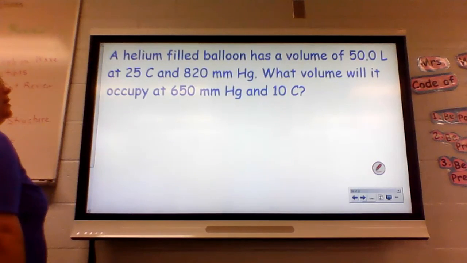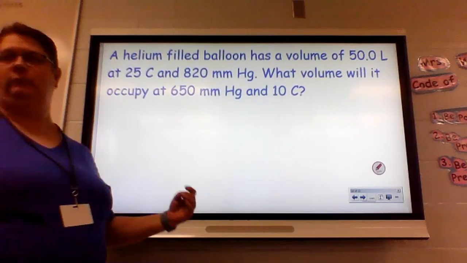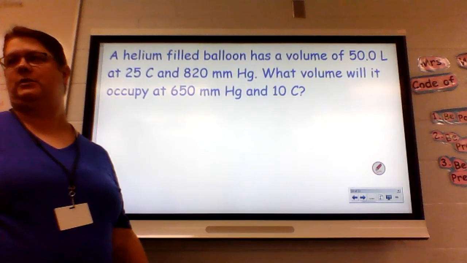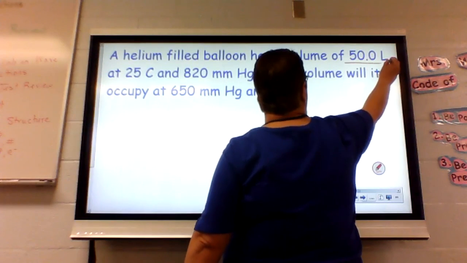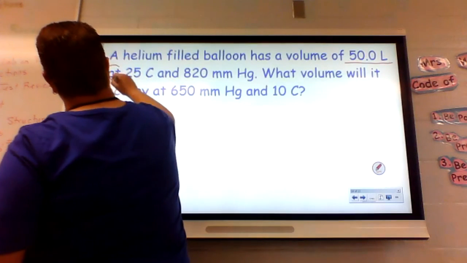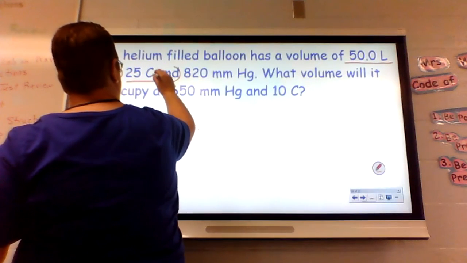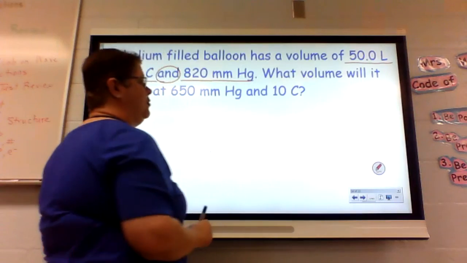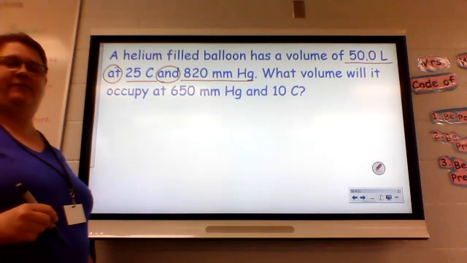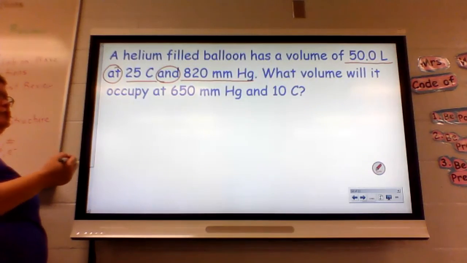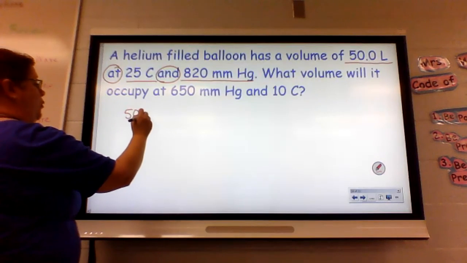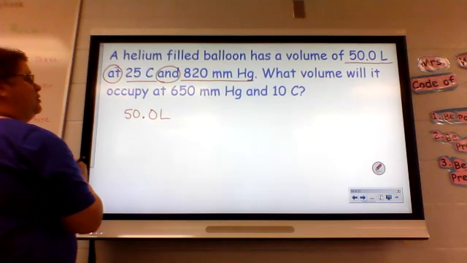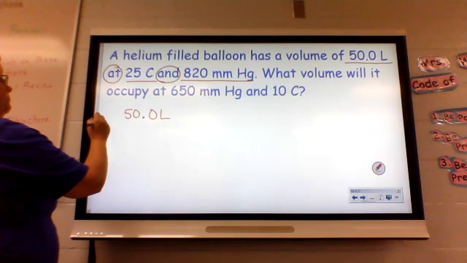All right, so when you look at this one, instead of us having a couple, these are going to come as triplets. So when you read this, see how you have 50 liters at 25 and 820? Those three numbers have to stay together. It doesn't matter if you make them the ones or the twos, but they have to stay together. So the 50 liters is a what? Liters is a volume.